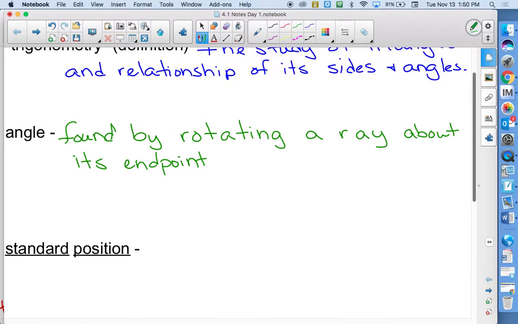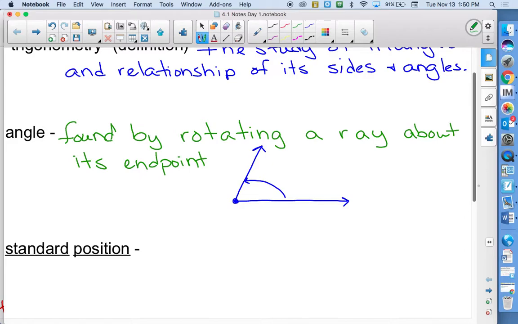And an angle in trig starts with a side, and then that ray is rotated in some way to get to the end of it to create the angle. Our angles will have movement. In geometry, an angle did not move. You had two lines that stuck together at the vertex to make an angle. These angles that we draw will have a directional arrow to show the movement of the angle.